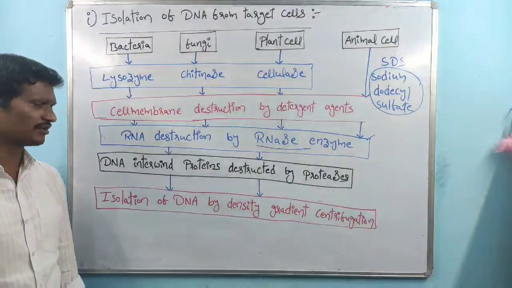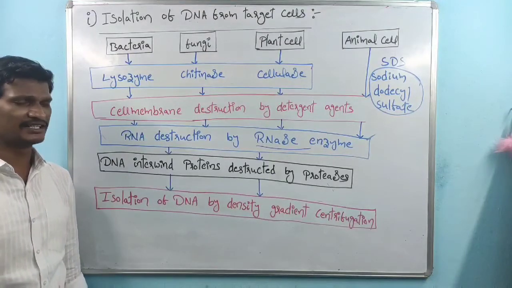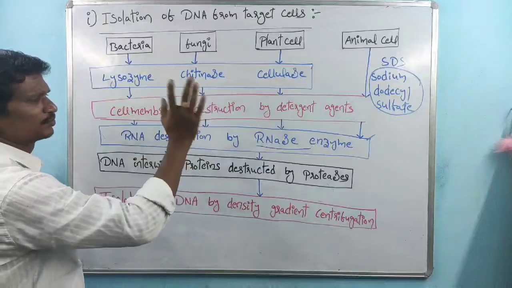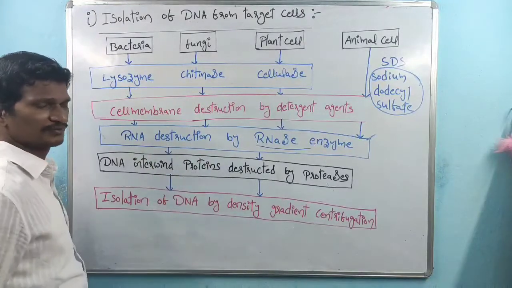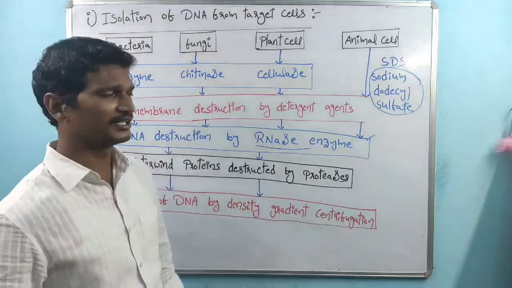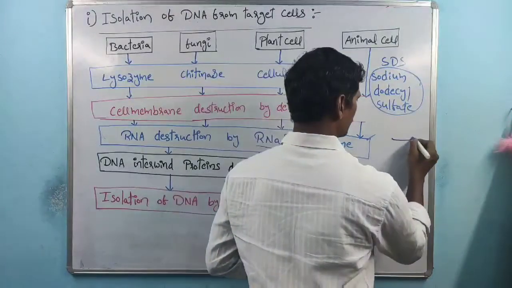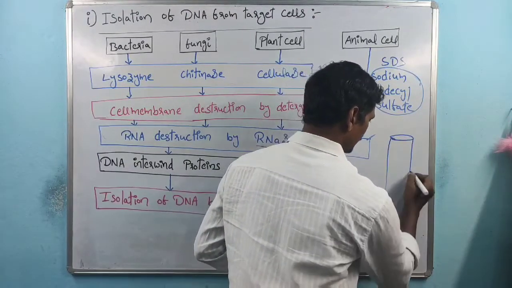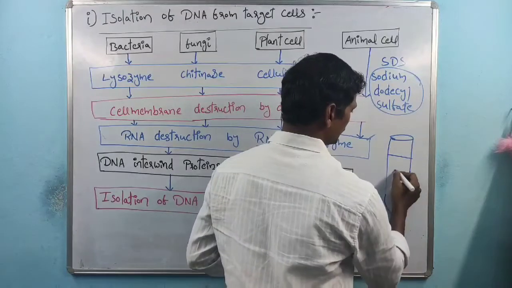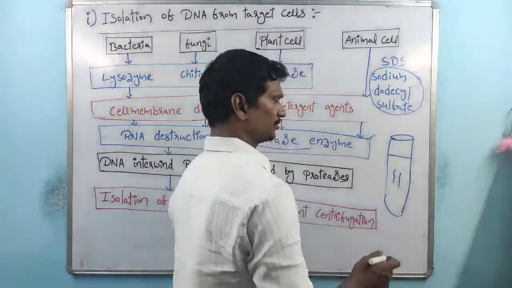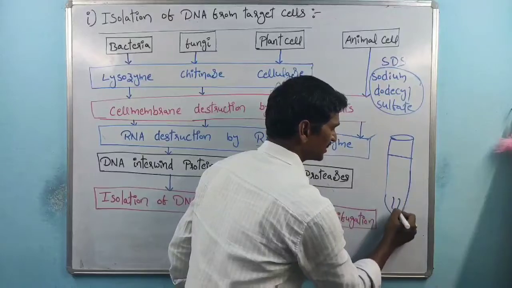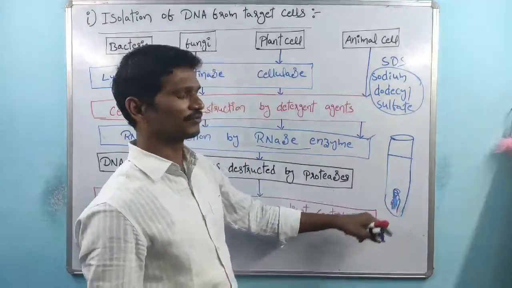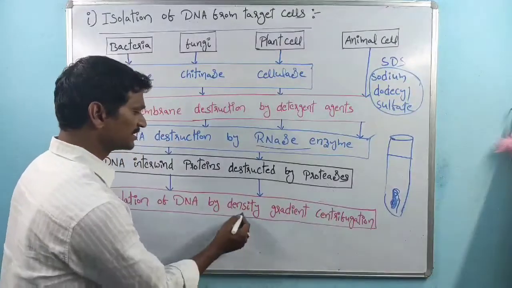Next, isolation of DNA by density gradient centrifugation. We remove the cell wall, the plasma membrane, the RNA, and the proteins. See, the remaining content: suppose this is a tissue. Within the tissue, we have the DNA. This sample containing the DNA is subjected to density gradient centrifugation.